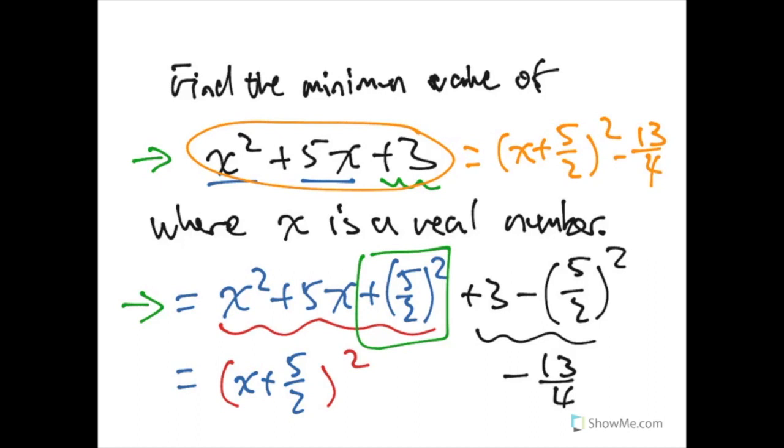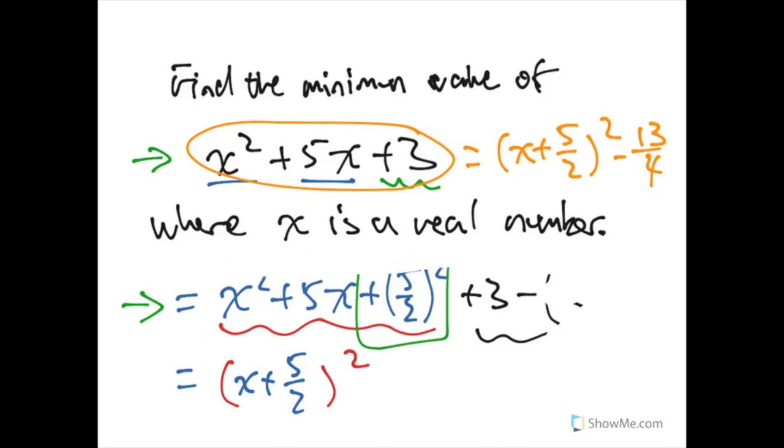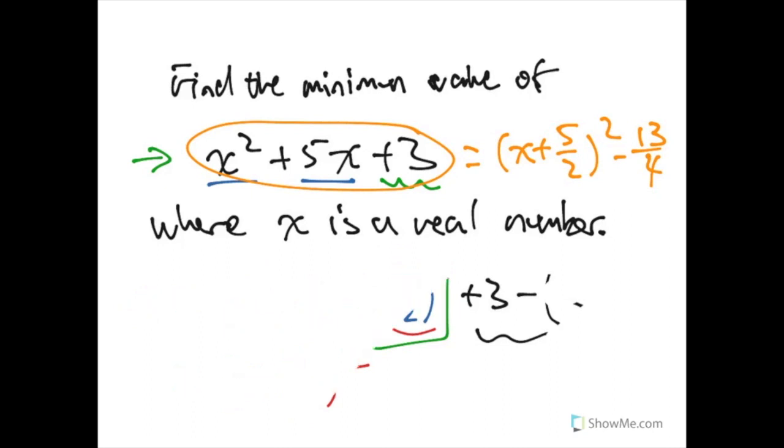Alright, I'm going to erase all of the workings down here. The next step is to say, okay, we want to find a minimum value of this quadratic expression, and we've written it in the form of a square minus a constant.